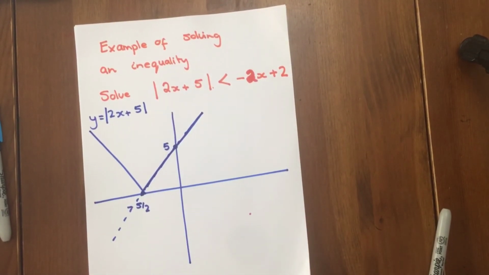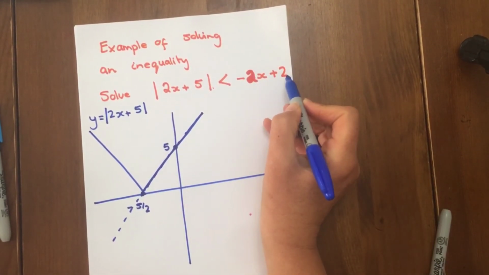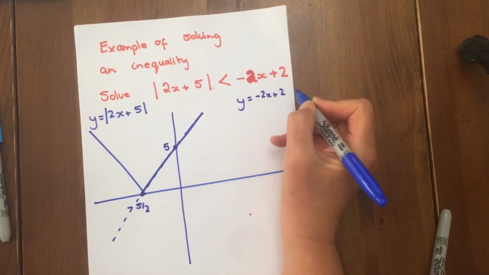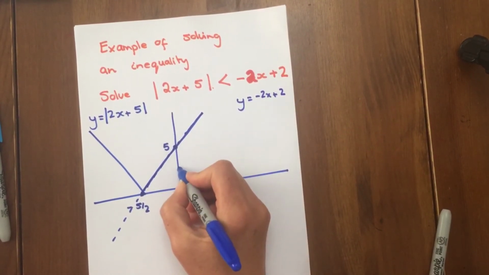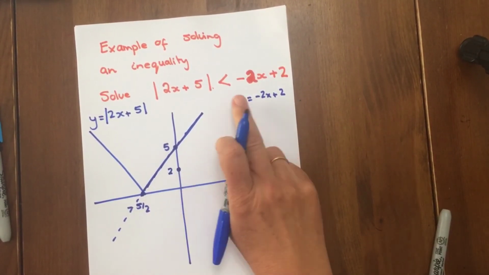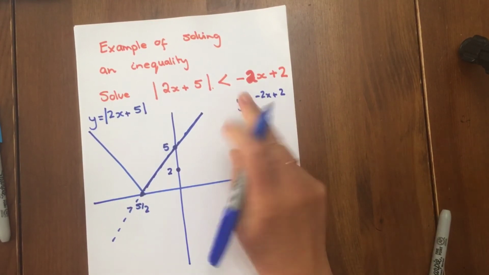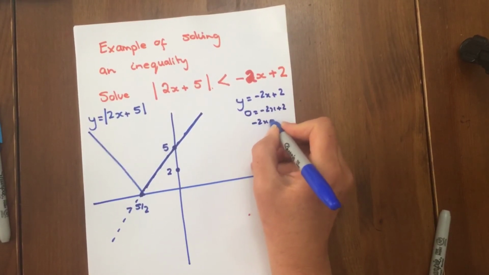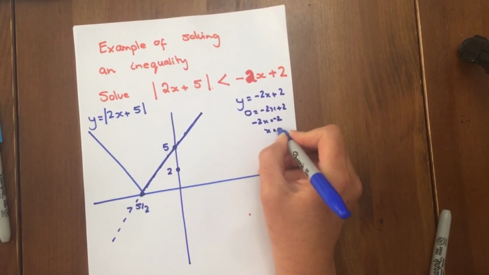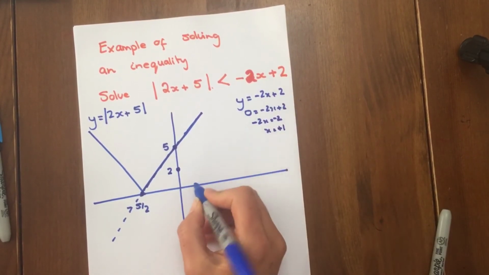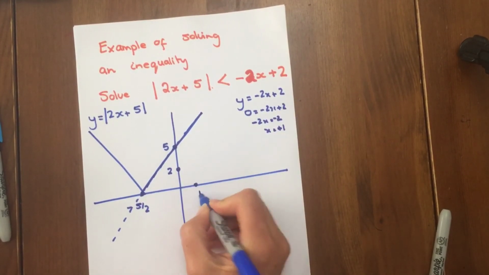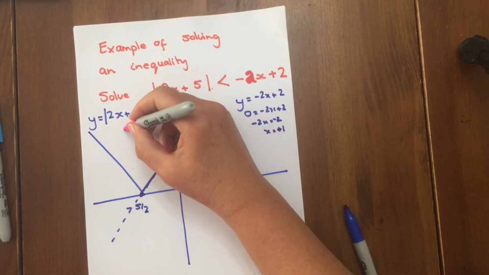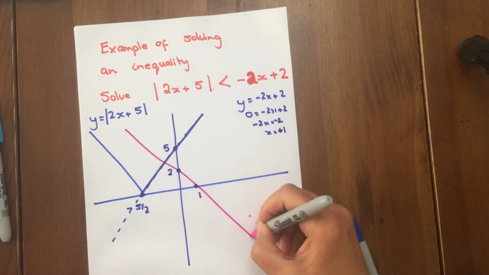Now I'm going to sketch this line here. So I'm going to look at y equals minus 2x plus 2. So when x is nothing, y is 2. And when y is nothing, I can see that x will equal plus 1. And if I draw that in a different colour, I have that line.